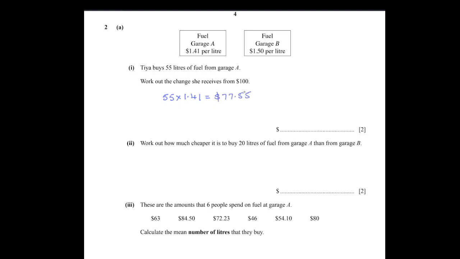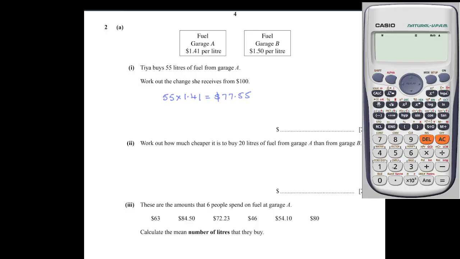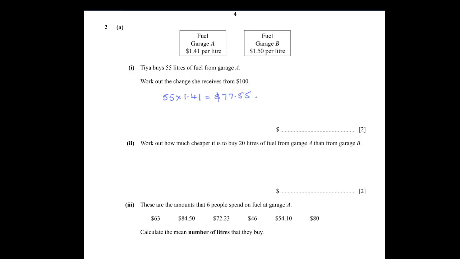But she must have given $100 to the person there. So she will get some change. What change she will get, you have to find out. How will you get that? You have to subtract the cost we got from 100. So we get 22.45.